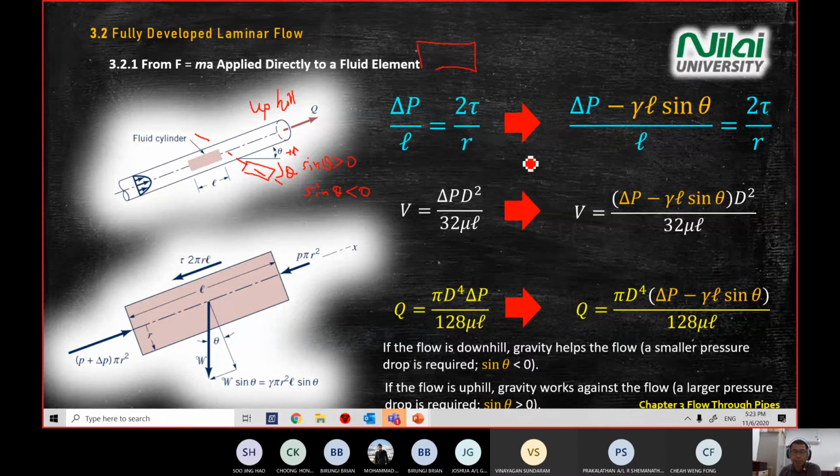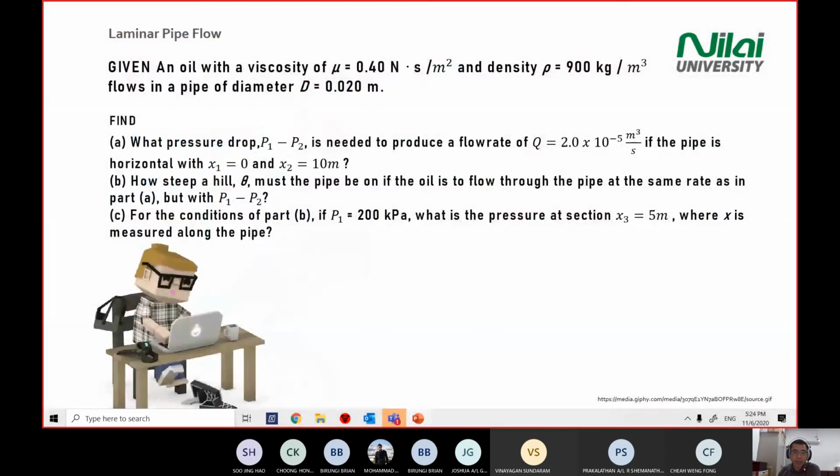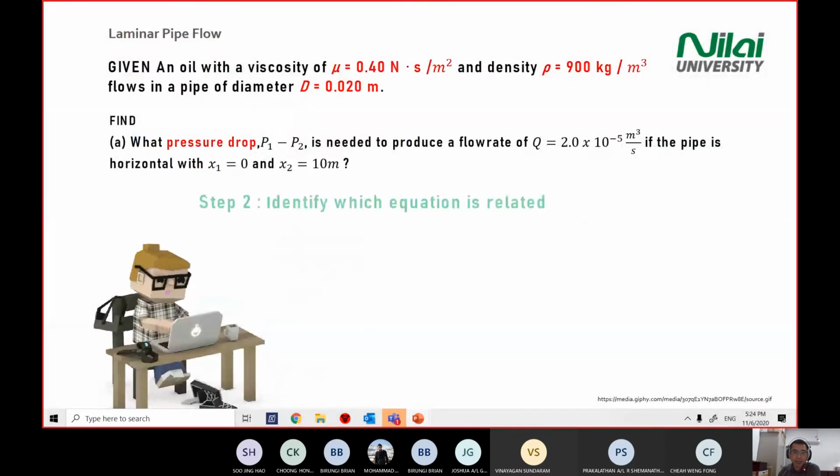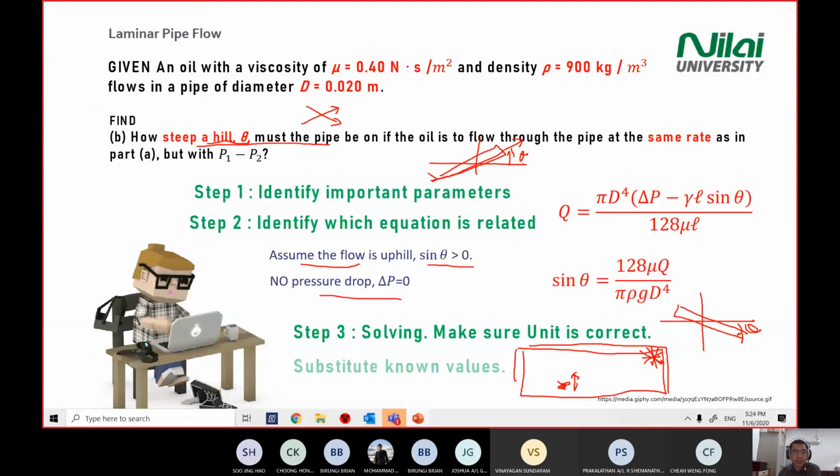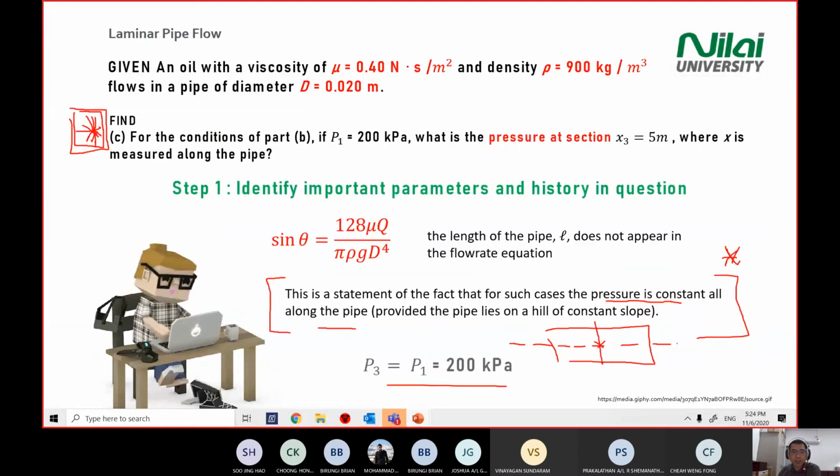Just to remind yourself that these 6 equations are very important for your coming exam. It's more on application, and you must tell whether it is going up or going down. And again, section C is just a trick question, because anywhere you measure inside the pipe, the pressure will be the same.